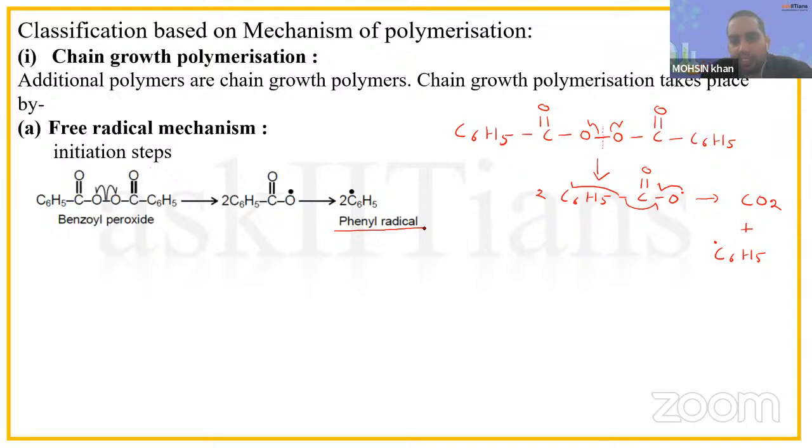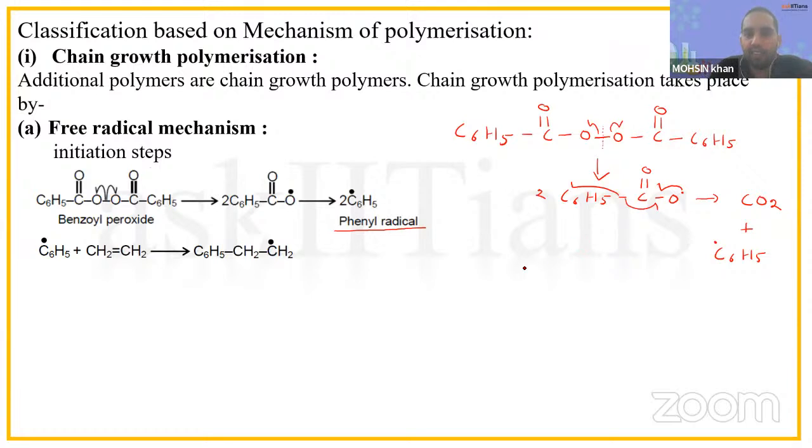So in the initiation step, first we are initiating the reaction by the homolytic fission of benzoyl peroxide and getting the phenyl free radical. Now the phenyl free radical attacks the desired monomeric unit. Here we take ethene as the unit, so we are basically preparing polyethene.